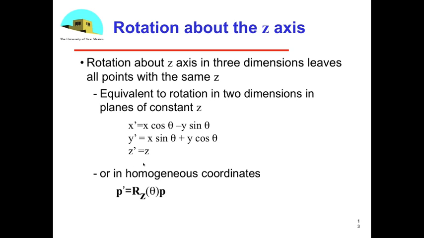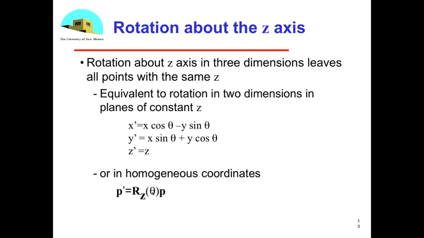Notice that this will apply to vectors, so you could say the w prime is the old w, and it would work whether w was 0 or 1.